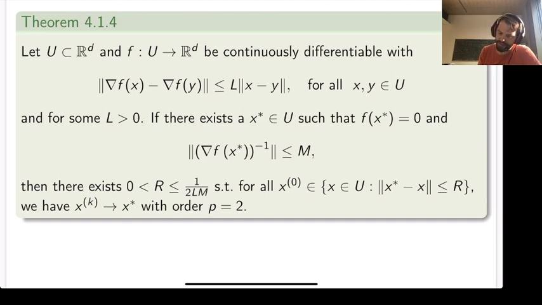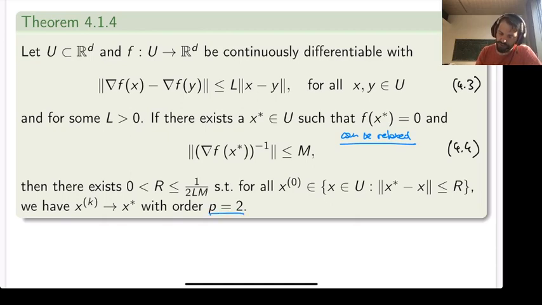So if there exists an x star in this set U where f(x*) is 0, and if, I should give this a number, so this is 4.3 and this is 4.4, the inverse of the Jacobian at the root exists, so it's non-singular, and it is bounded by some constant M. This can be relaxed, but for simplicity in this simpler proof in numeric 0, we assumed this condition, and in fact it is critical to get order 2.